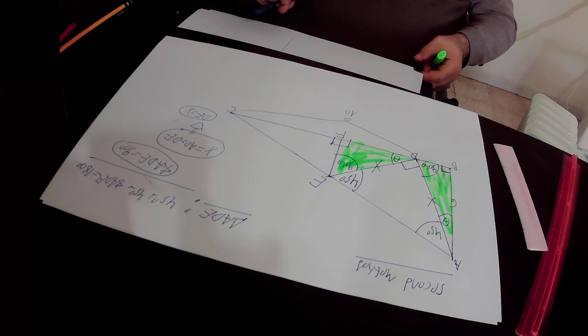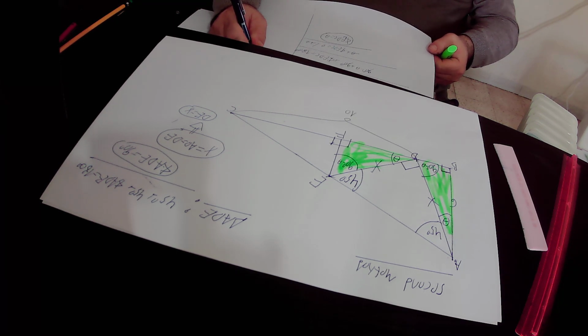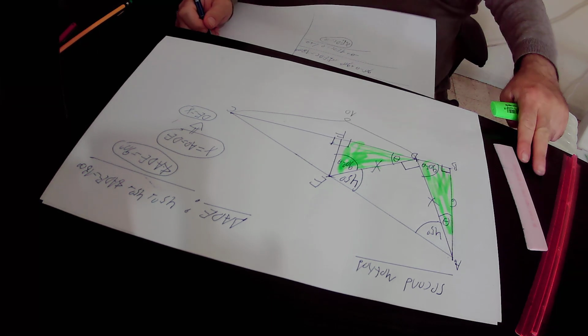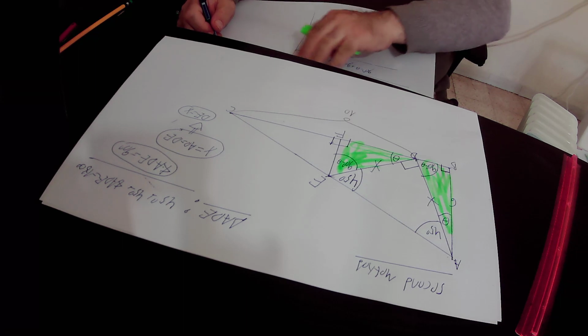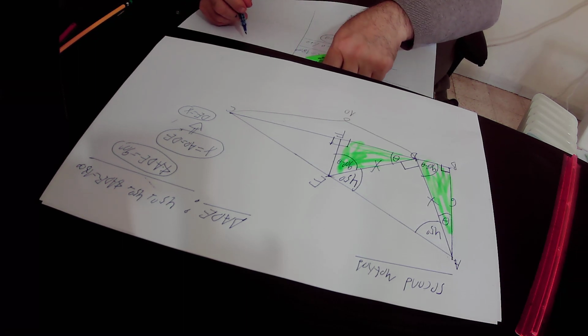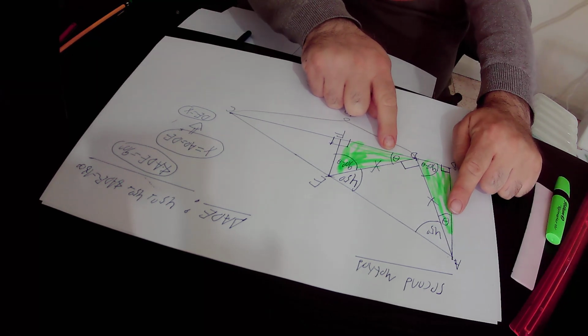We'll prove that the right green triangle, triangle ABD, is congruent to the right green triangle, triangle EDF. So why are those two right green triangles congruent to each other? First of all, we have those two angles, they are equal to each other, they are both equal to theta.